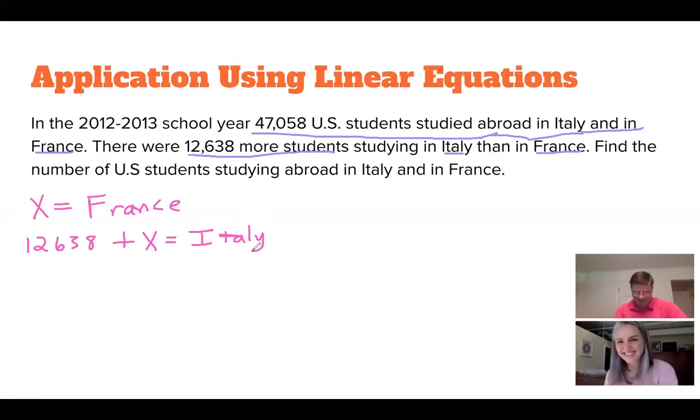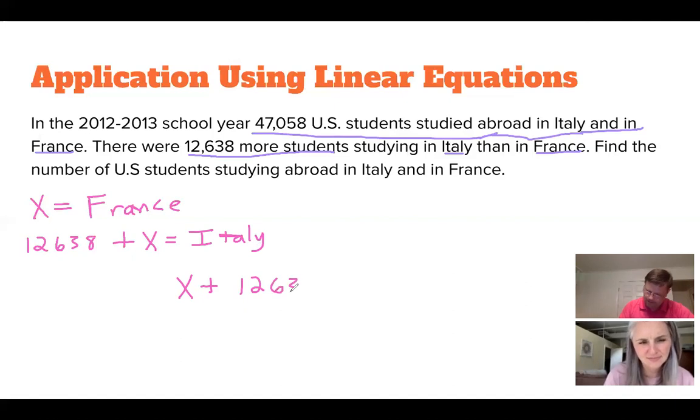Okay. So if I used F, I'm just going to combine X plus the 12,638 plus X equals the total. So here's what just happened, and this is why I like to use letters with words.